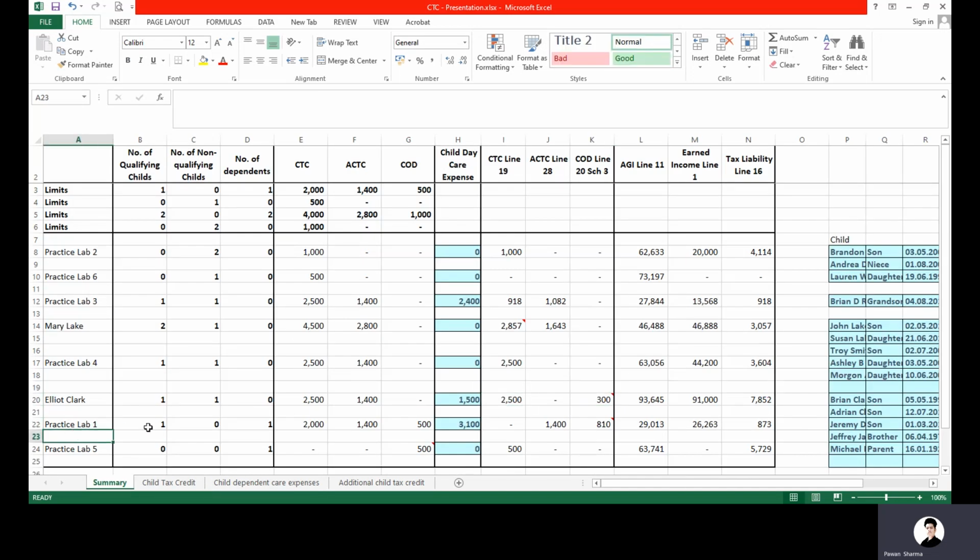Now further in practice lab 1, we have 1 qualifying child, other dependent. For qualifying child, I will get 2000 and 1400 for other dependents. However, we are not going to get this in full because our tax liability is this much only. As our tax liability is this much only, we are getting this 810 because we get 63 other credits in schedule 3, 873 में से 63 other credit मिल रहा है, तो बाकी बचा 810 इधर मिलेगा. 810 कैसे आया?